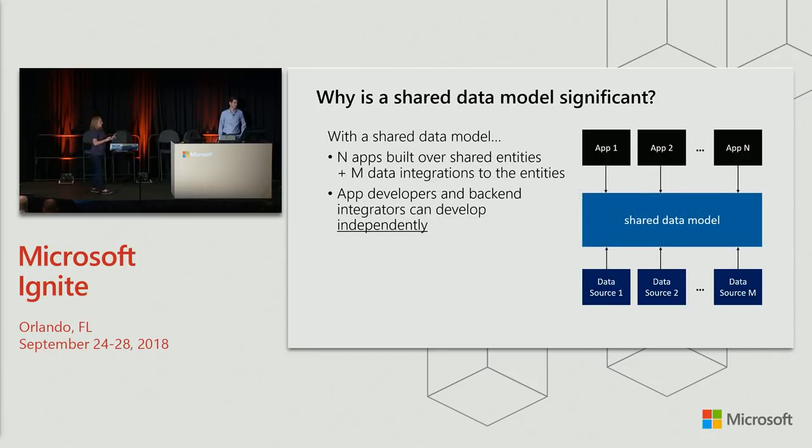So with a shared data model, all the crisscrossing lines disappear, and you have an application layer on top and data sources on the bottom, and they can all natively connect and translate into this shared model that really reduces the replication of that work. So instead of having n times n, you end up with n plus n in a much more unified way, having that single shared layer in between.